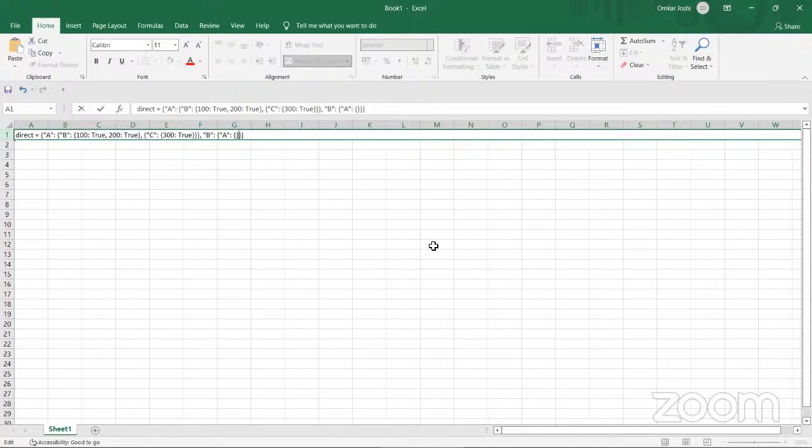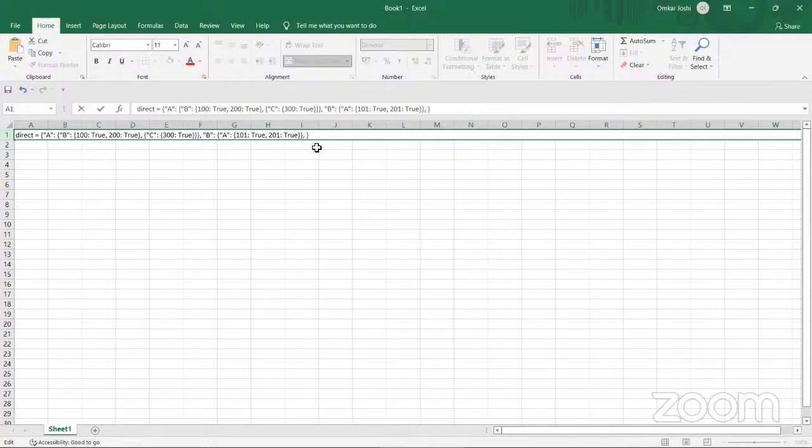That's how ideally it will be. So this will be 101 and this will be 201. Because A to B we can go with 100 and 200, so B to A we can go with 101 and 201. Okay. That's how it goes.